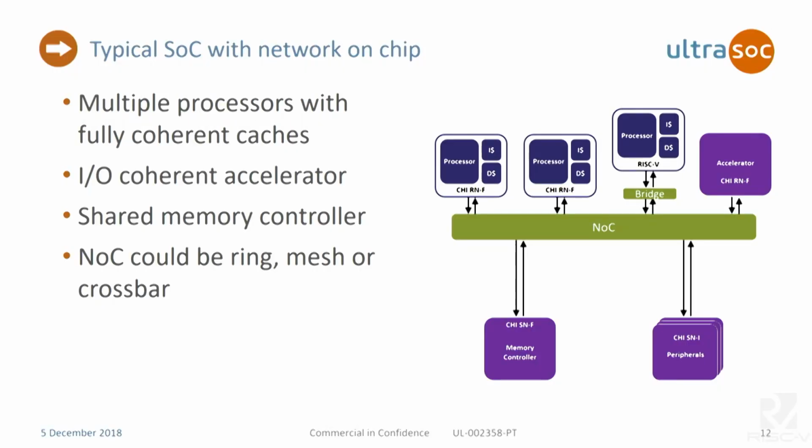So let's take an example here. Those of you who've worked with ARMs will recognize this is a pair of A-class ARMs, and the NOC is a CHI NOC. In this case, the customer used a RISC-V core that they brought in, and there wasn't an inherent CHI interface, so it had a bridge.